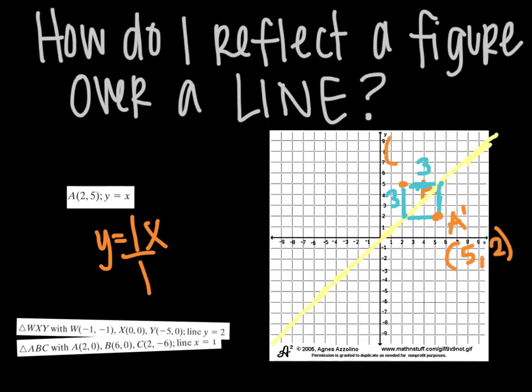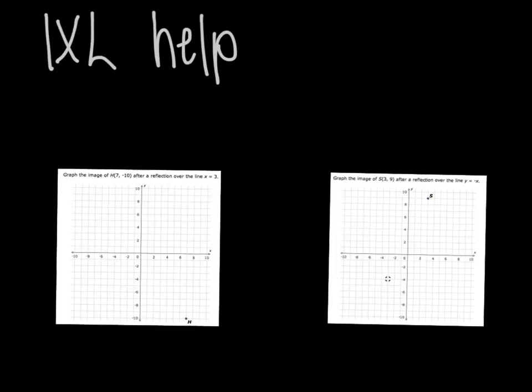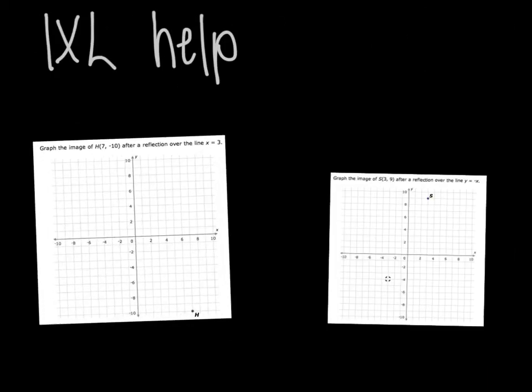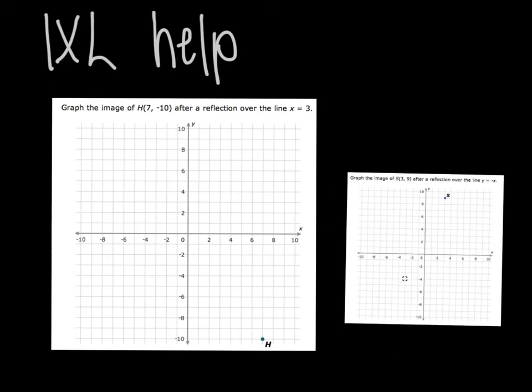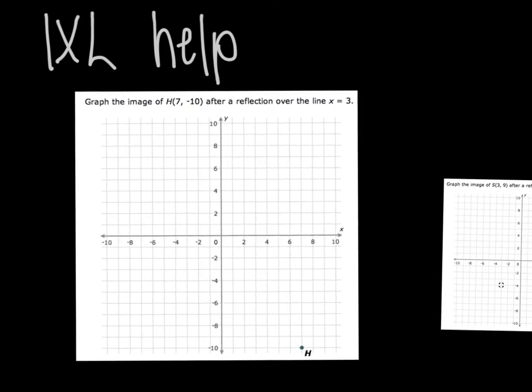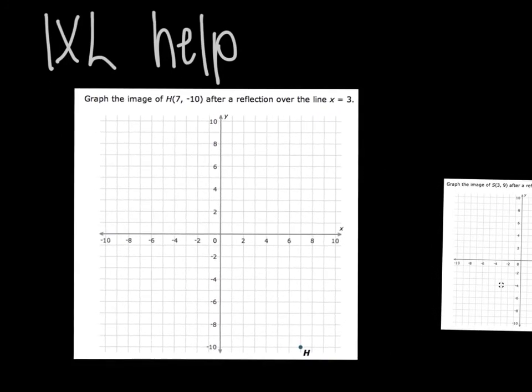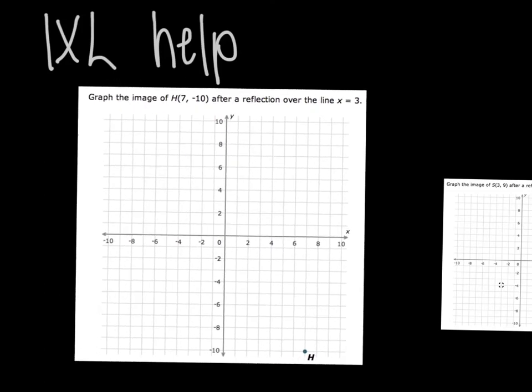The original point was 2, 5, so some of you can kind of see there that your X and your Y are flipping. If it was Y equals -X, then your line would be decreasing instead of increasing, but you should be able to figure that out. IXL help, because when you get to more difficult problems, you're going to see something like this. So here's the point listed for you, and then it says over the reflection line X equals 3.